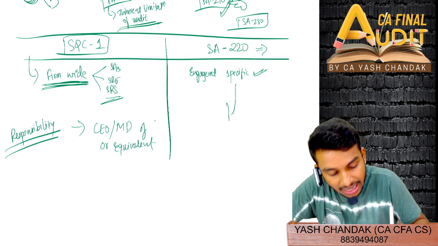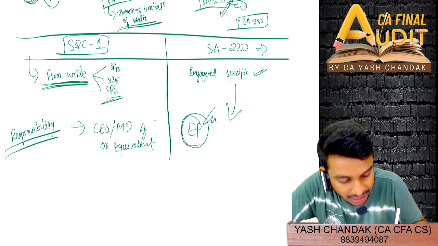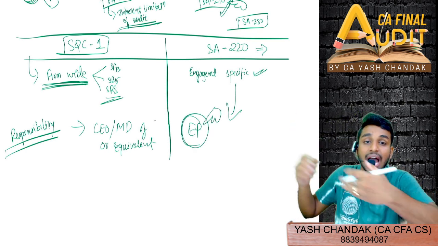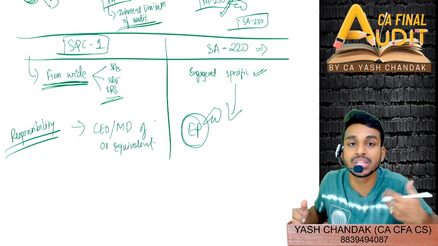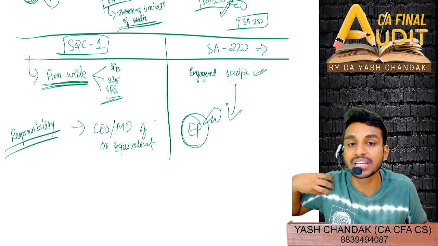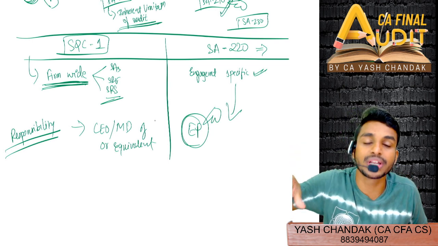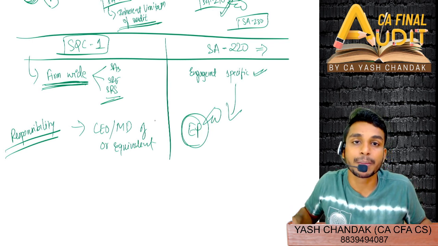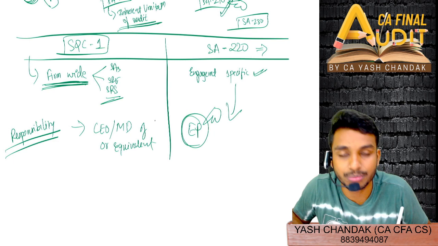Here in SA 220, the responsibility is only with the engagement partner. That is, for this audit, I was the engagement partner. Out of a total of 10 partners, I was supposed to be responsible for this audit, so I will be held responsible. Every responsibility imposed by SA 220 has to be my responsibility, whether it is being complied with or not, the engagement partner's responsibility.